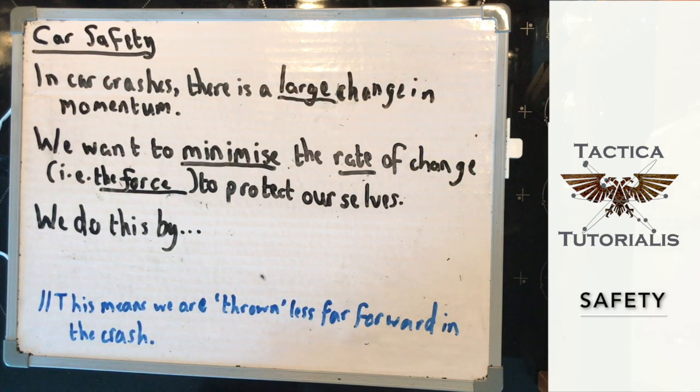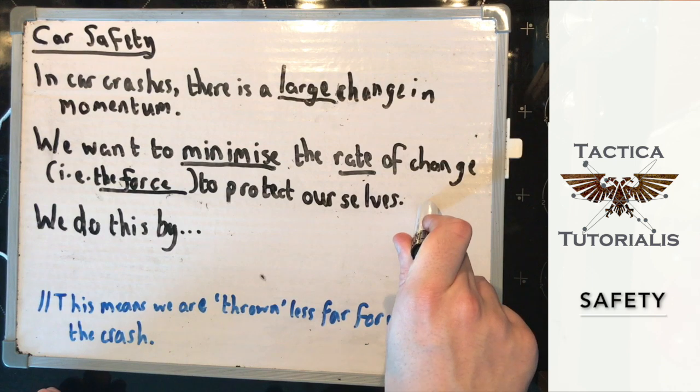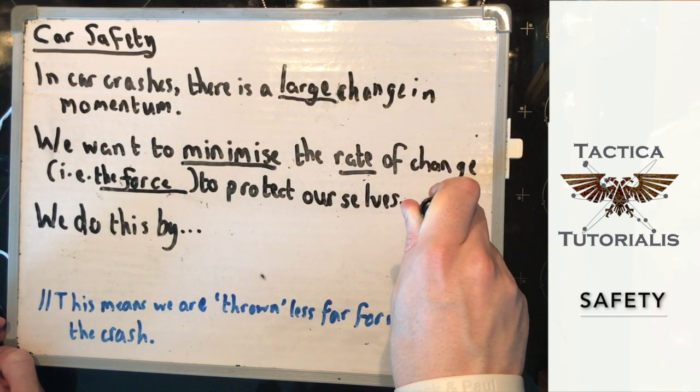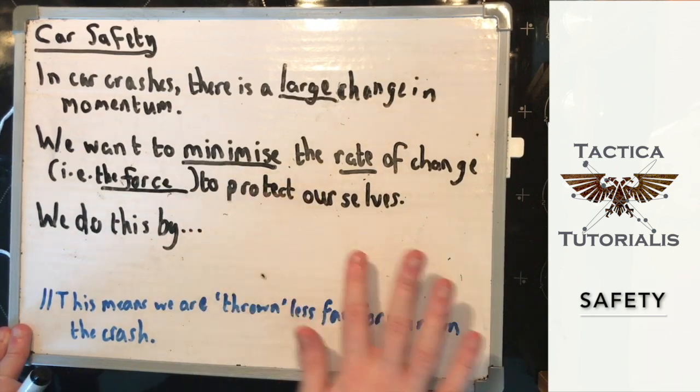Partly to minimize the damage to the car, so we hopefully don't have to write it off, but primarily to protect ourselves, because despite what everyone seems to think, we're not that tough. We're quite soft. We're quite squishy as humans, and we break easily. So we need to protect ourselves.